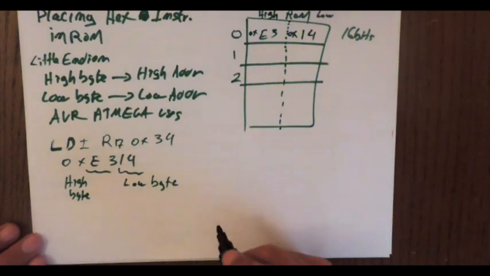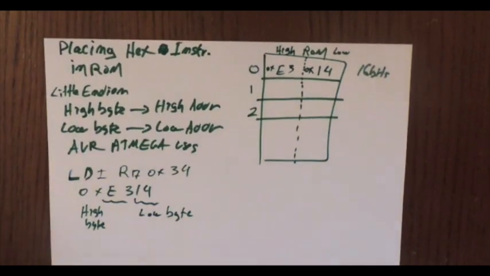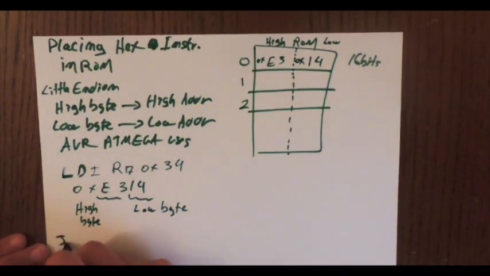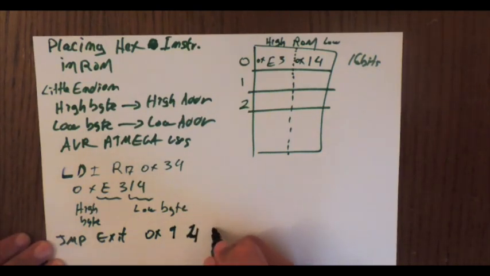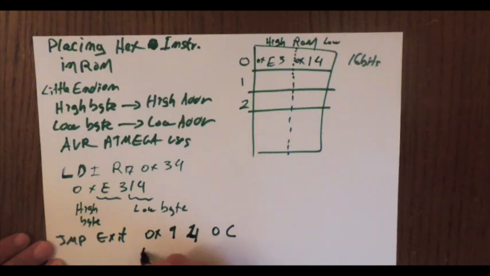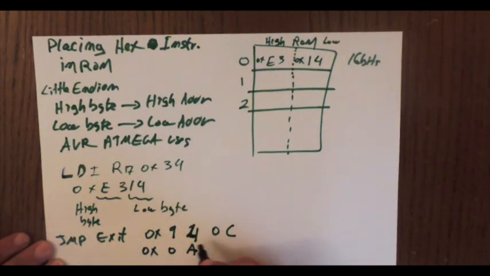Okay. So let's say we have the jump instruction. So the jump instruction is as follows. It has jump exit, for example. The hexadecimal representation is going to be 0x940C and the next one will be 0x0AF4.